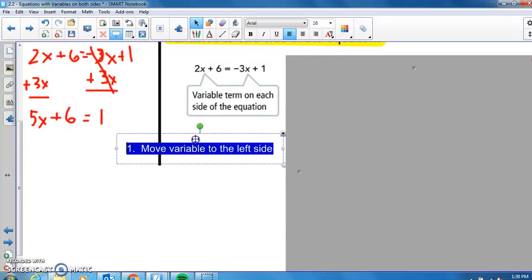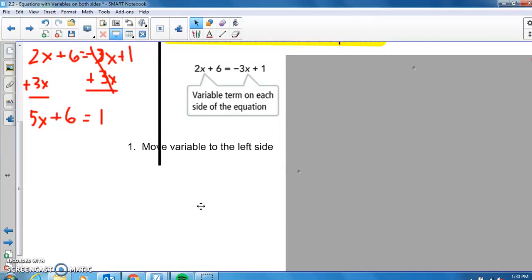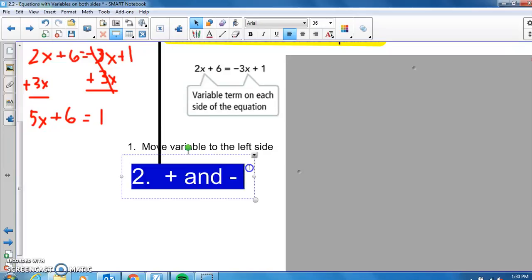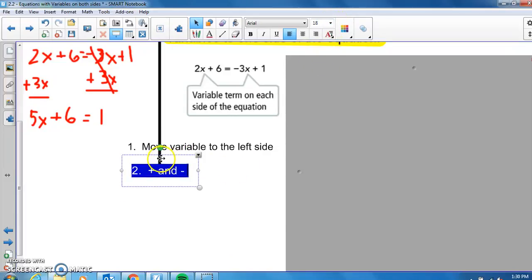So the first step is move the variable to the left side. Once we move the variable to the left side, we now have ourselves a two-step equation. So as we all know with a two-step equation, the second thing is we take care of addition and subtraction. All right, so second step is let's take care of addition and subtraction.